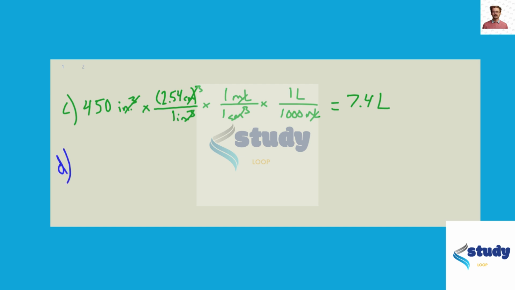Finally, for part D, we're told in March 89, the Exxon Valdez ran aground and spilled 240,000 barrels of crude petroleum off the coast of Alaska. 1 barrel of petroleum is equal to 42 gallons. How many liters of petroleum were spilled? So first we're given barrels, and based on the information in the problem, we can convert from barrels to gallons by multiplying by 42.